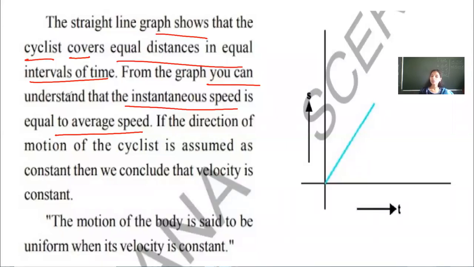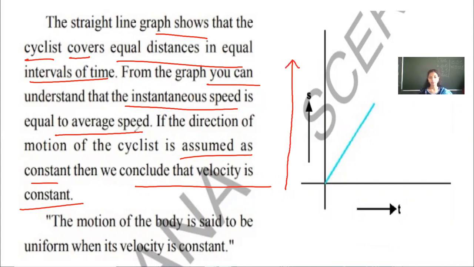And if the direction of motion of the cyclist is assumed to be constant, then we can conclude that velocity is constant. Here we assumed he is moving in a straight line constantly, so we can conclude that velocity is constant.